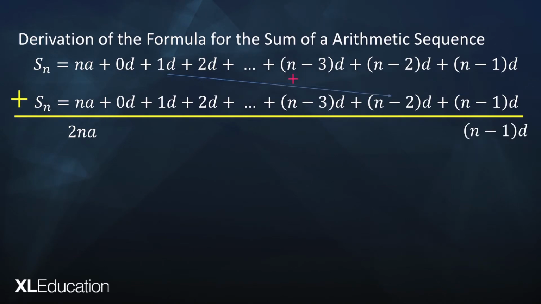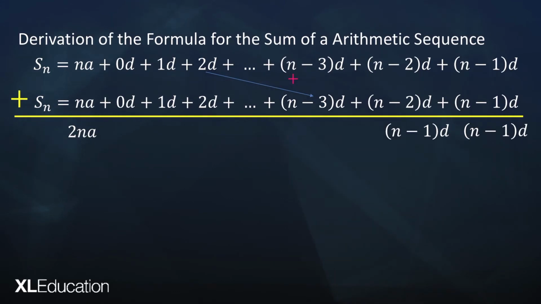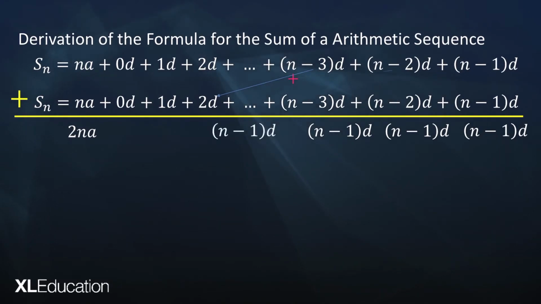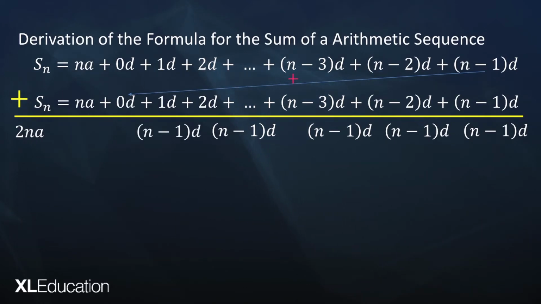Then we're going to add the 1d at the top to the n minus 2d at the bottom, and the answer is n minus 1d. We take the 2d and add it to the n minus 3d, and we get n minus 1d. The n minus 3d goes to the 2d, we get n minus 1d, n minus 2d to 1d, n minus 1d, and n minus 1d to 0d is again n minus 1d.